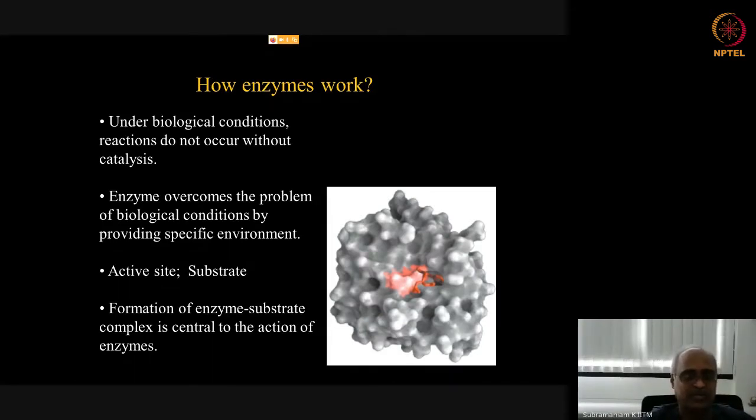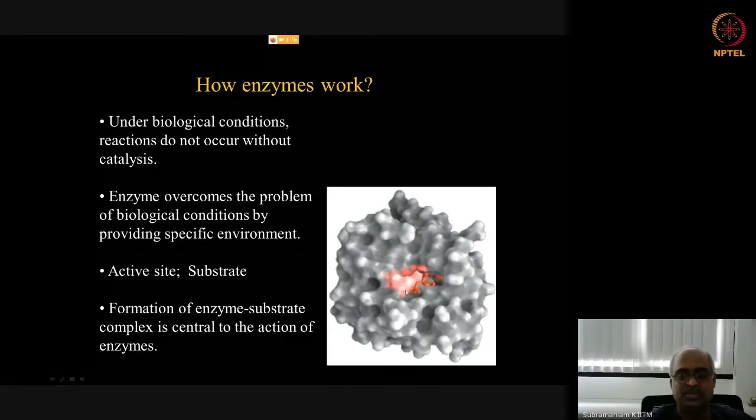The specific environment is made possible by the overall three-dimensional structure, as shown in this space-filling model on the right, where the substrate molecule is shown colored. You need a site, a workspace, where the substrate selectively fits and nothing else fits, and then there should be other groups that enable the reaction to happen.